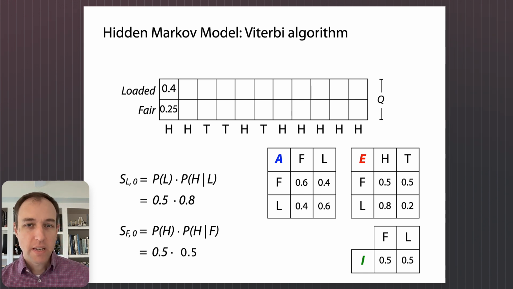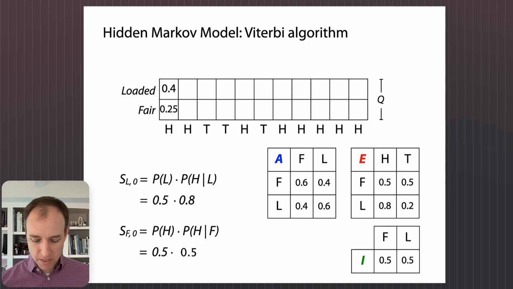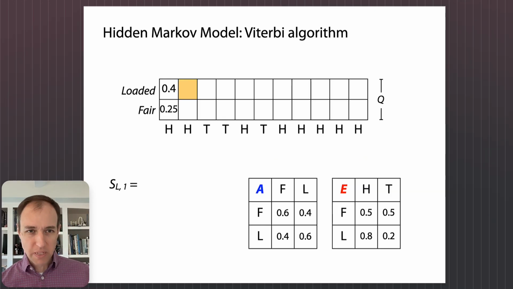Now let's move on to the next column, and this is where it gets interesting, because first of all, the initial probability drops away. We don't need it anymore. We already handled that. But now we need to do these maximums in order to compute the partial joint probabilities up to these different states. Okay, so let's focus on this orange highlighted cell here. That's what we're calling S sub L comma 1.